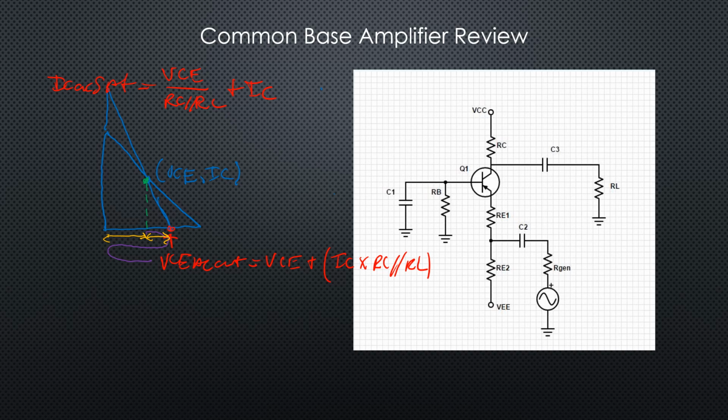So our V out max peak is going to be VCE or VCE AC cutoff minus VCE, whichever one of those is smaller.